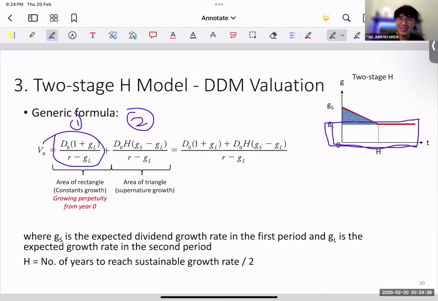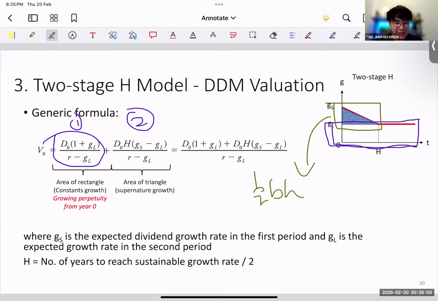Does this make sense? So this is the first part of the formula. Part two of your formula is basically your triangle. And what's the formula for a triangle? Half base times height.